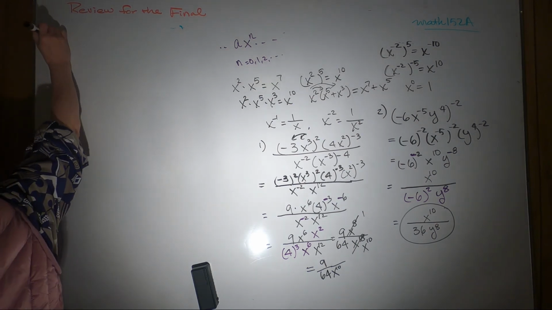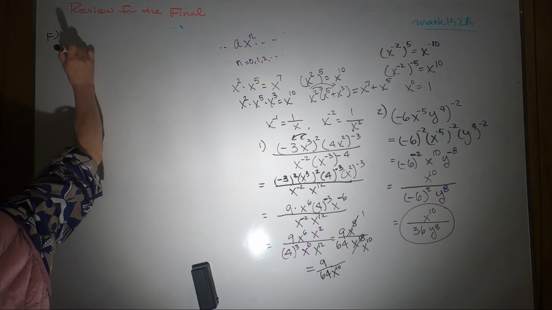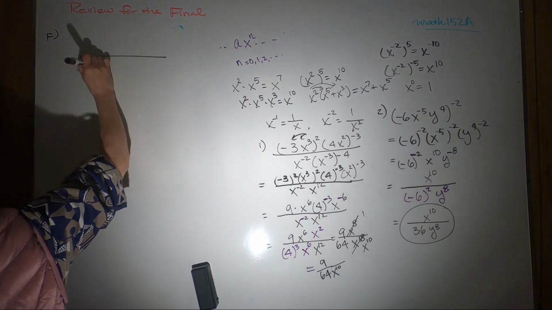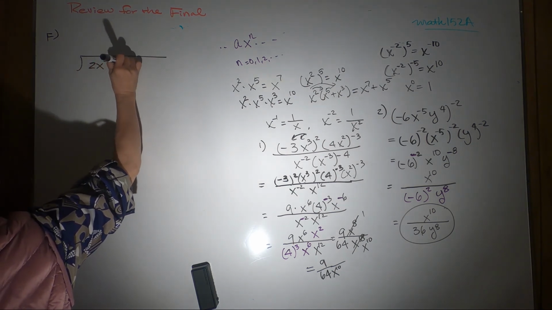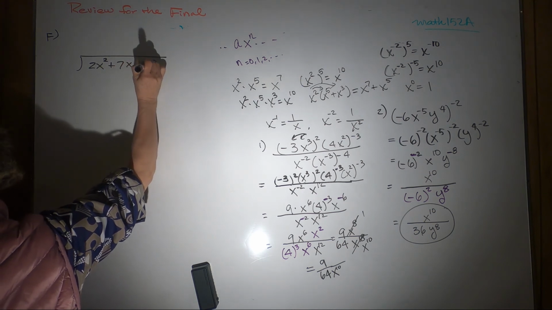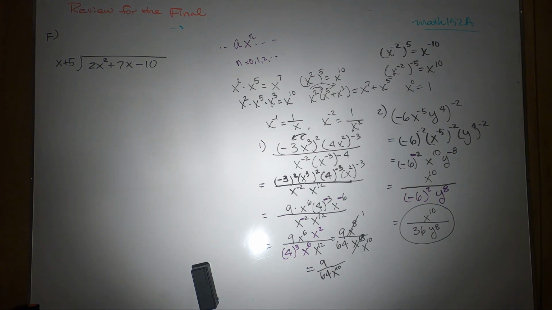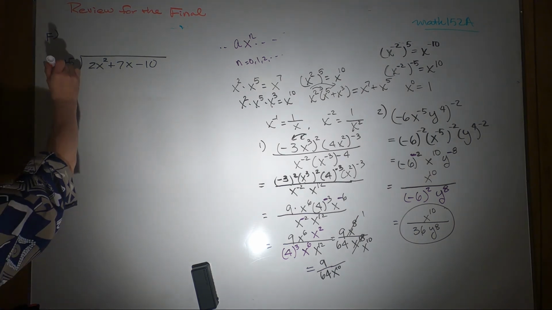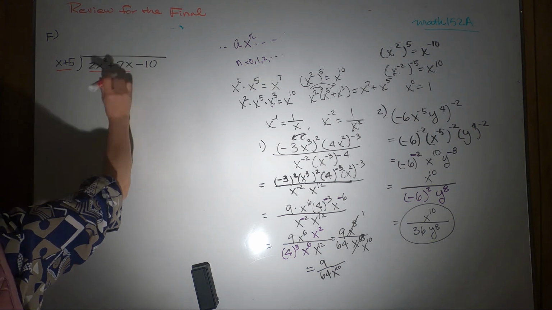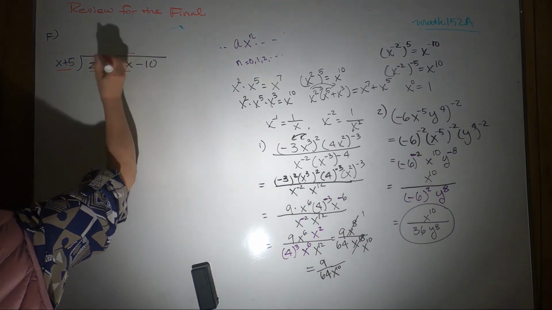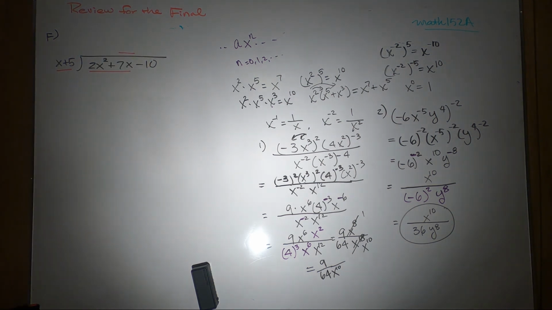So let's do one division review: 2x squared plus 7x minus 10 divided by x plus 5. So how should we start for a long division? Right, the first one has 2 terms, then finish there, so your answer will be right on the top.